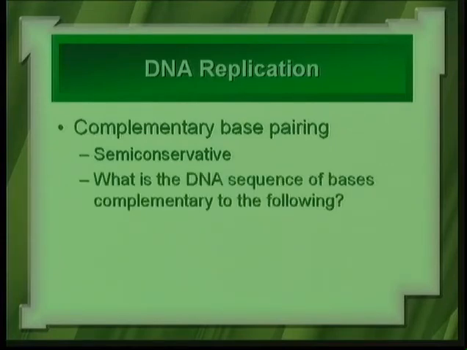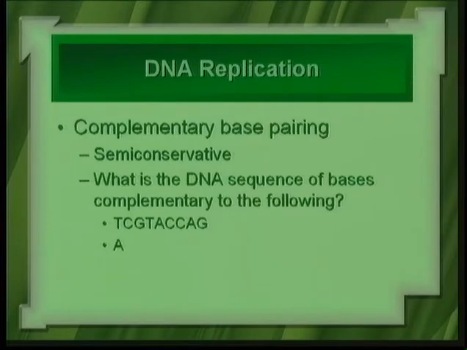When you're tested on this, you will probably have to answer a question like this: what would be the complementary DNA sequence of bases to this particular sequence of nucleotides? You have TCG, TAC, CAG. So what would pair with T? A, right?